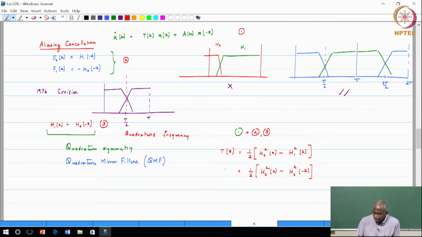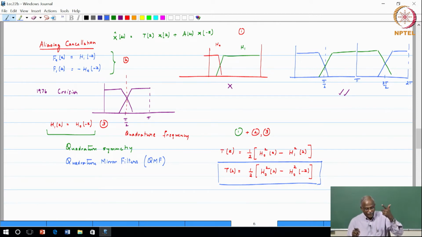So this is an observation that came from introducing the quadrature mirror filters. If I design it to be a quadrature mirror filter to begin with and choose the synthesis filters according to equation 2, then I get a form that tells me the overall transfer function now depends only on H naught, because H1 and H naught are related to each other, F naught and F1 are related to H1, and therefore you have written the entire expression in terms of H naught.